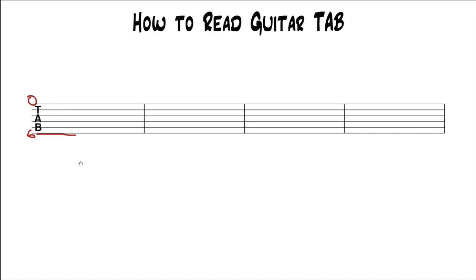Any horizontal chart that you see, any chart representing a guitar fretboard, is going to be laid out this way if it's laid out properly. And that's with your 6th string at the bottom and your 1st string at the top. And basically it's representing like if you were looking down at your guitar when you're holding it. But it can be confusing because going this direction would be going up towards the ceiling and going this direction would be going down towards the floor, but you just have to get used to that.